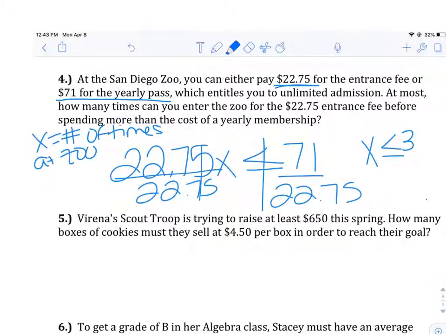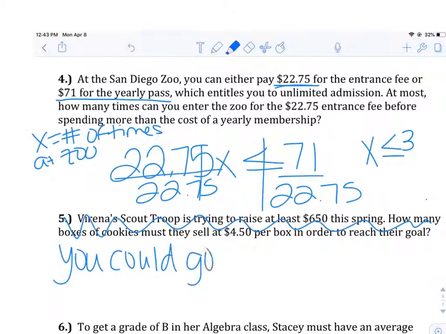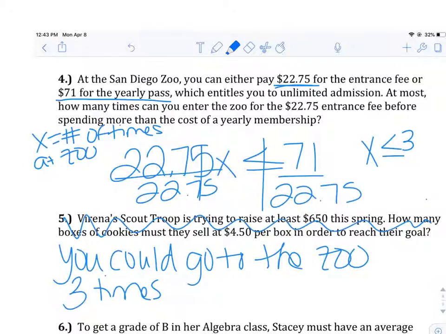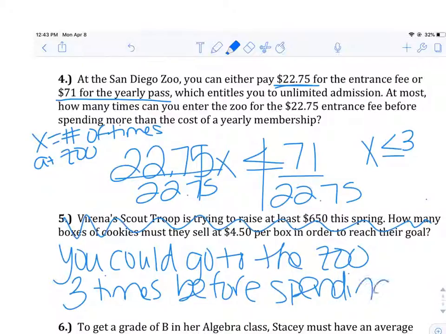So to finish this off, and I know I'm running into this other problem because I wrote way too big, we're going to say you could go to the zoo 3 times before spending $71.